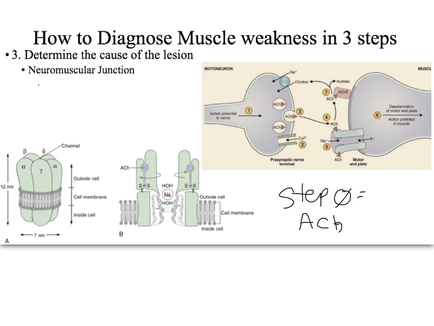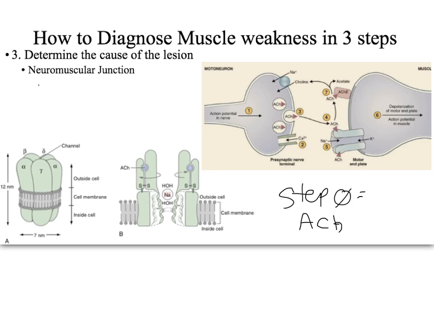Step 1 is the presynaptic terminal of the motor neuron is brought to threshold. Right here we get this brought to threshold from the arrival of an action potential, and that causes calcium channels to open. So calcium hasn't moved in yet. The calcium channel just got opened from the arrival of an action potential. That's step 1. Step 2, calcium flows in.